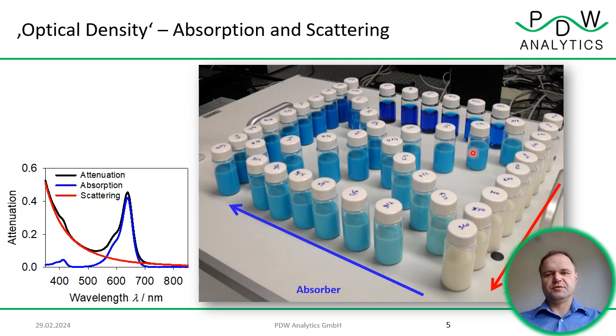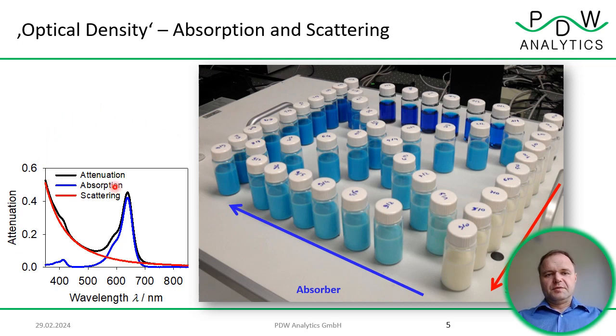But the optical impression, even though each of these systems is different in its state, in its concentration, in its chemical composition, is pretty much identical for some of them. For example, this one here looks like this sample, even though they are different in their concentration.